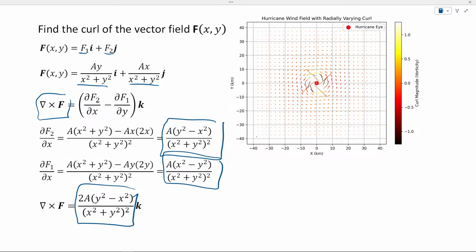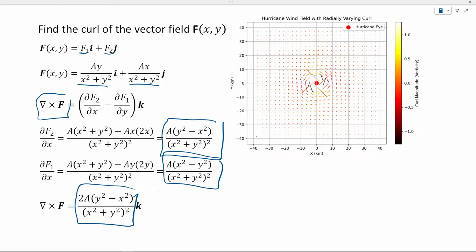Now let us visualize this curl. Let's plot its magnitude and direction. And just as you expect, the curl magnitude, or vorticity, has a big magnitude towards the center, and it fades away and becomes smaller and smaller as you move away from the center of the storm.